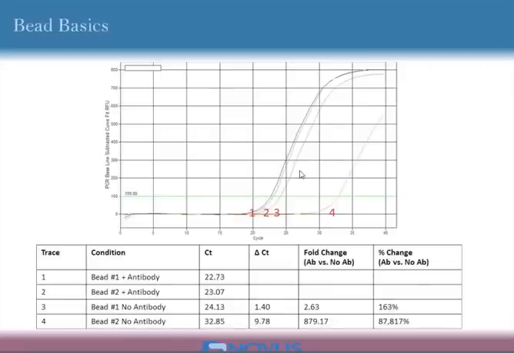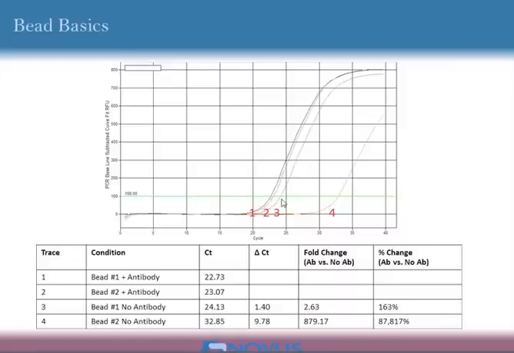When we actually include our no antibody control into this, we still have our traces of bead number 1 and bead number 2, but now we also have our no antibody traces where it was just the beads alone incubated with the chromatin, but no antibody in between to bridge them.